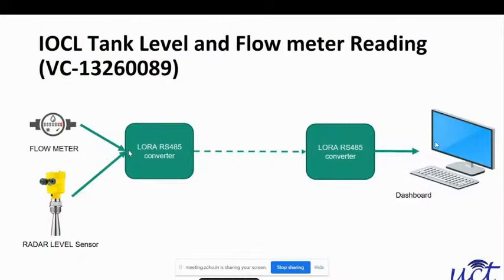Then we are sending data to a dashboard using, again, a LoRa RS485 converter. So basically, here we are eliminating the wiring that needs to be done. About 1 kilometer of wiring is being removed with this setup.